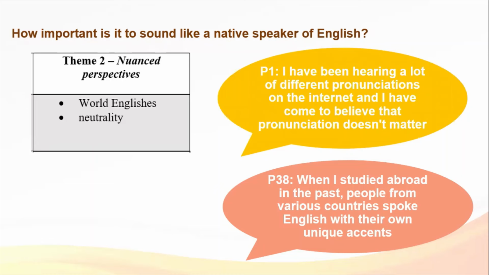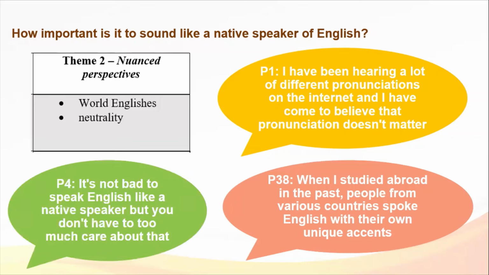Participant 1: "I have been hearing a lot of different pronunciations on the internet, and I have come to believe that pronunciation doesn't matter." So this participant is obviously influenced by the rise in technology and social media. There are many types of English out there, and correct pronunciation, maybe he means, doesn't matter.